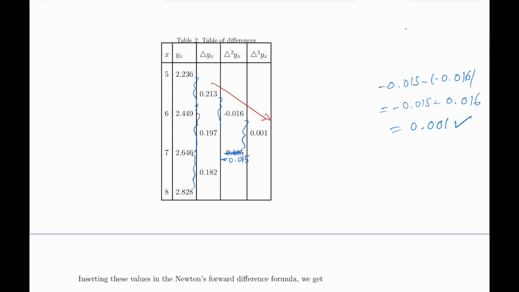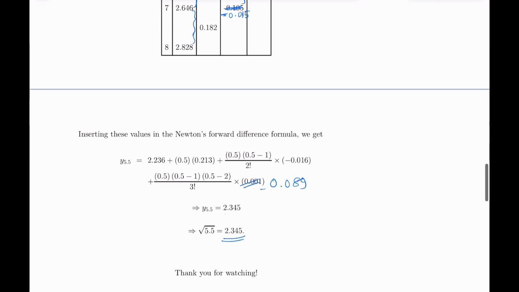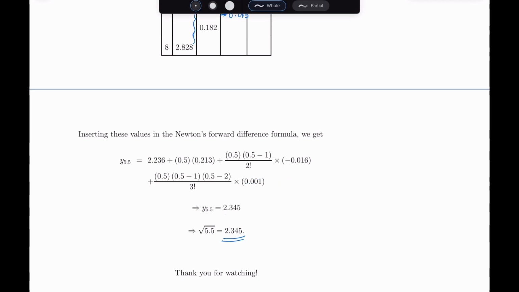Now put these values in Newton's forward difference formula. Put the values here. So y 5.5, you will find the value of root over 5.5. The first argument is this.